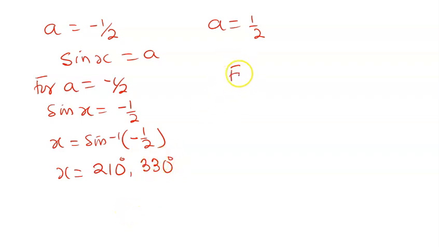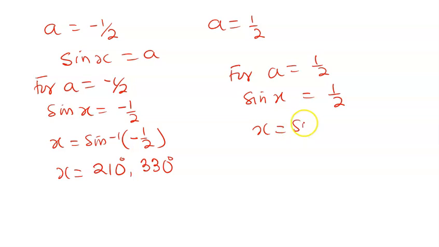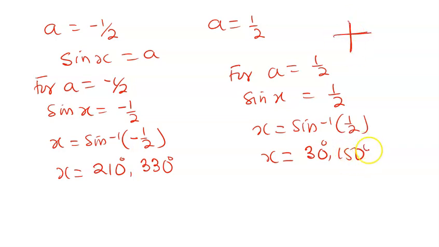Then let's come here. For a is equal to 1 on 2, sine x is equal to 1 on 2. So x will be sine inverse of 1 on 2. So our x is equal to, sine inverse of half is 30 degrees, and this is how we check the angles, then 150 degrees.